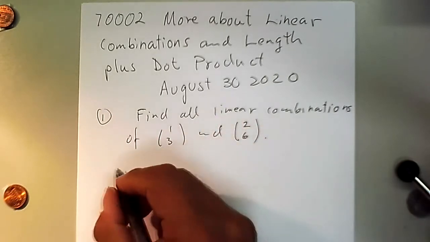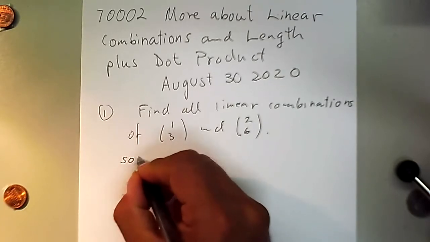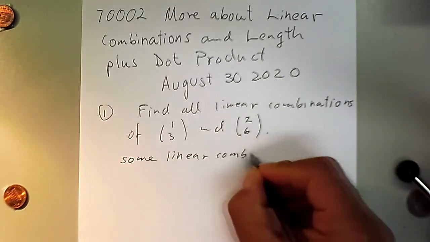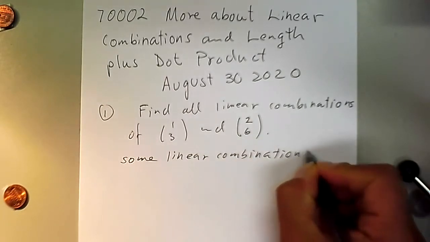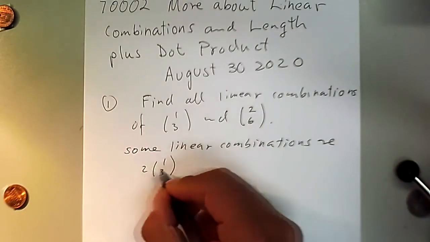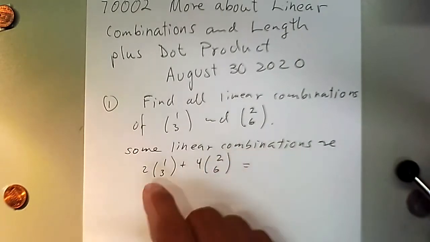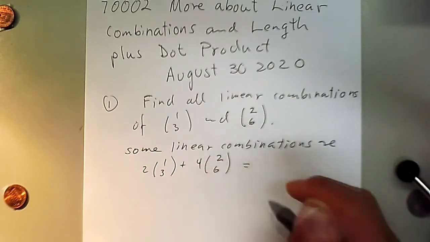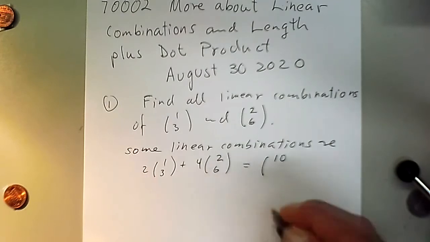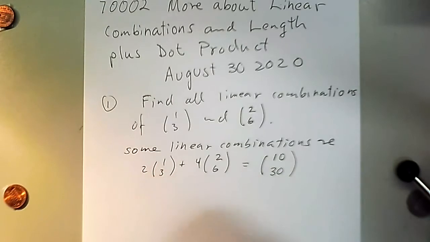So for instance, linear combinations are, let's say, 2 of 1, 3 and maybe 4 of 2, 6, and then you end up with 2 and 8 is 10, and 6 and 24 is 30. 10, 30, that kind of looks like 1, 3.